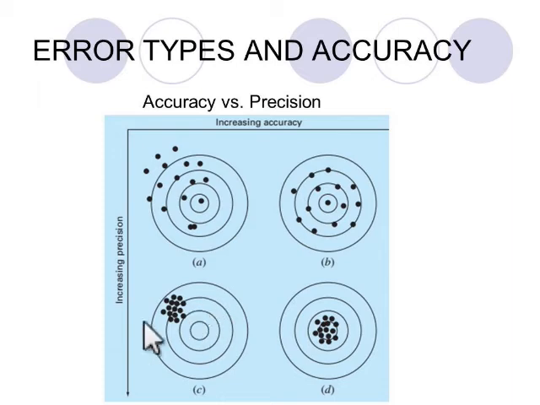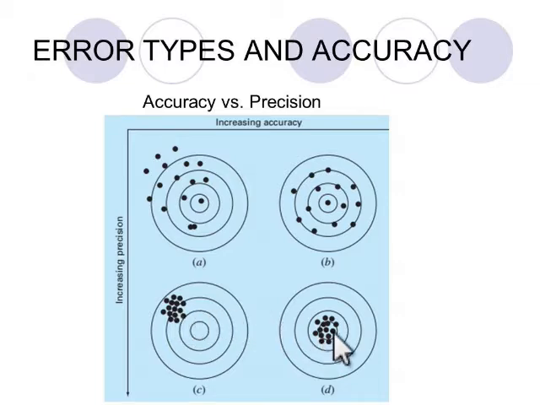There may be another case. In fact, the points might be very close, so I'm constantly touching the same point, but I'm far away from the target point or objective point. So I have a lower accuracy, but higher precision.